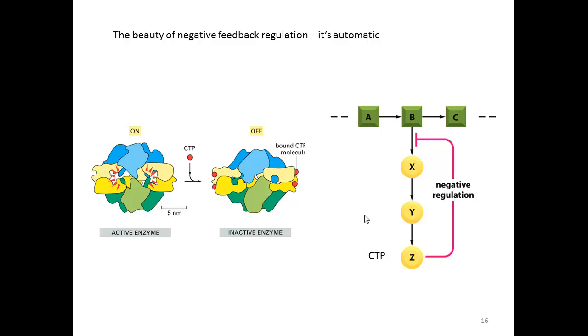Then just to show these on the two slides together, CTP is like the molecule Z here, and this enzyme complex is the enzyme that converts B to X. But if you have a lot of CTP, you don't want to convert molecule B to molecule X anymore. Since there's a lot of CTP around, it's thermodynamically going to bind the protein, and that will have the effect of shutting down this enzyme.